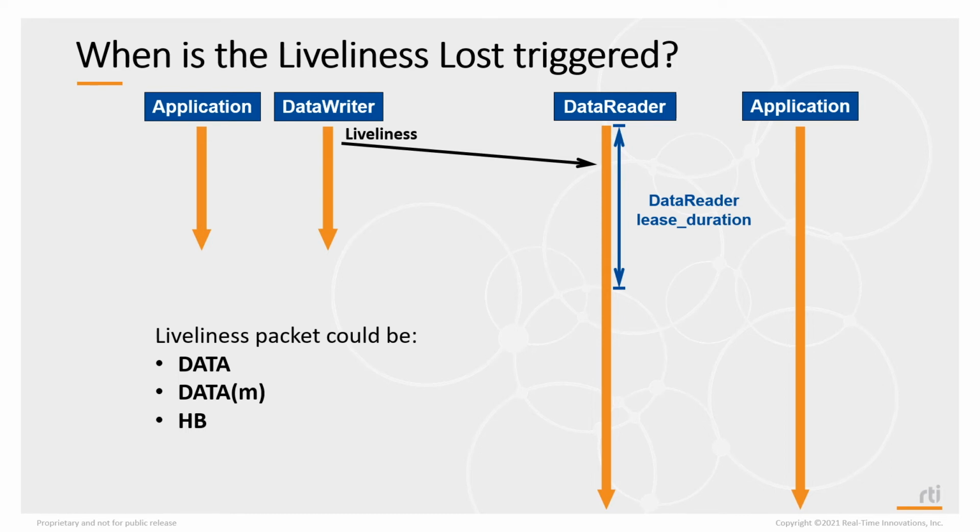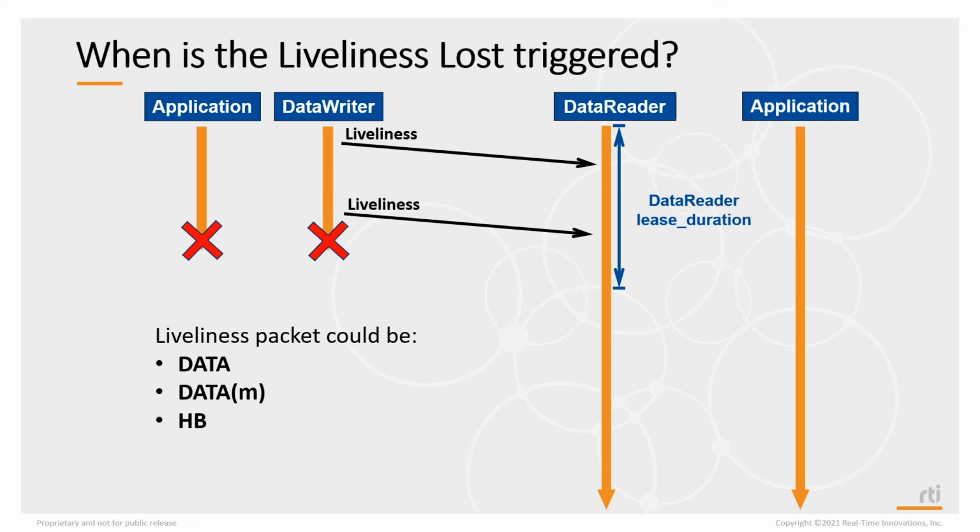The data reader must receive a packet. It could be an actual data packet, or a data M packet. A data M packet is a liveliness assertion packet that's sent by the participant. Or it could be a heartbeat. A heartbeat is a liveliness assertion packet that's sent as part of the reliable protocol or by calling assert liveliness on the data writer. So if you're receiving a liveliness packet during the lease duration, all is good.